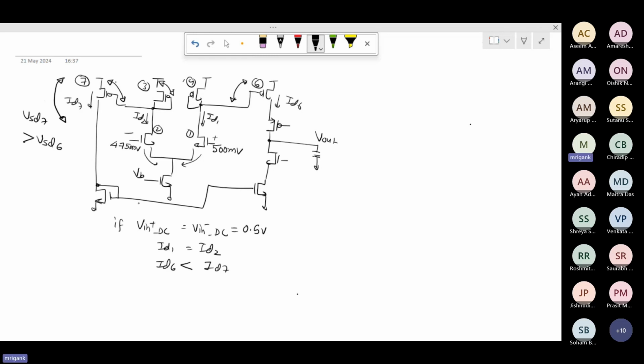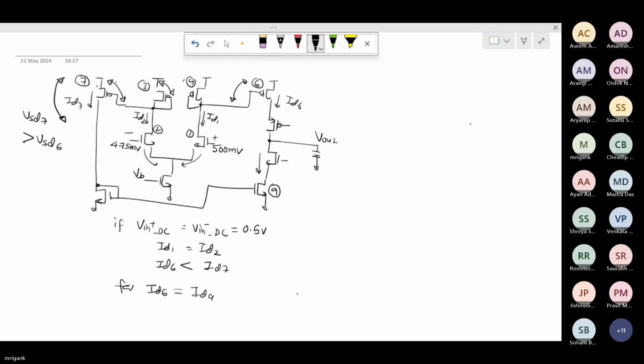As a result, now in the output stage, ultimately, this current, if we call it say M9 or M10, whatever you call it right now, I'm not writing all the numbers, M9. As a result, now if I have to equate this current, like for ID6 to be equal to ID9, what do I need?